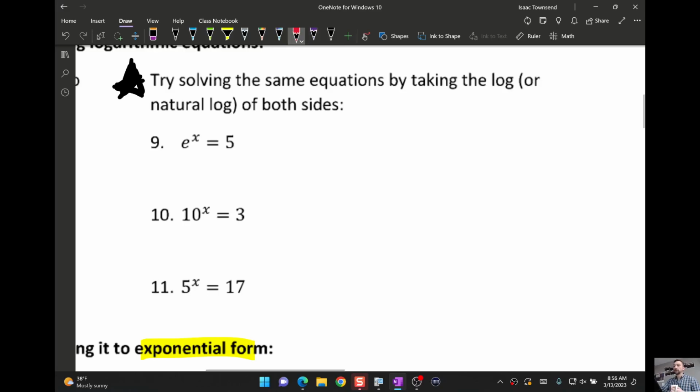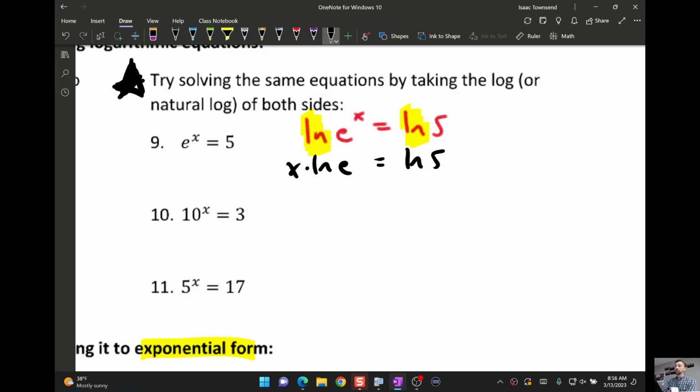Sometimes what you want to do is take the log or natural log of both sides, and you can do either the log of both sides or the natural log of both sides. Now in this case, if you did that, that's okay to do because it keeps our equation balanced. But then from this property of logarithms, an exponent on something you're taking the log of can be brought down out front.